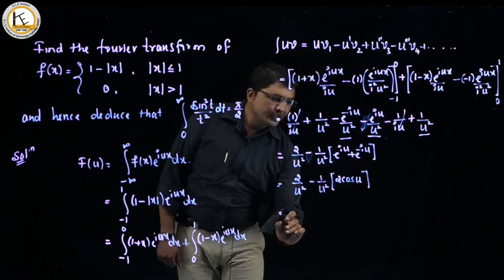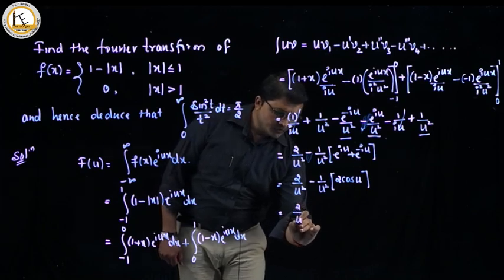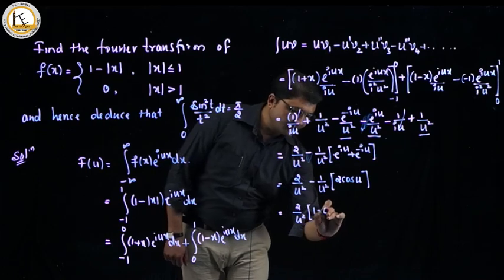Simplifying here, in both terms we now have 2 by u square common, so inside the bracket it will be 1 minus cos u.